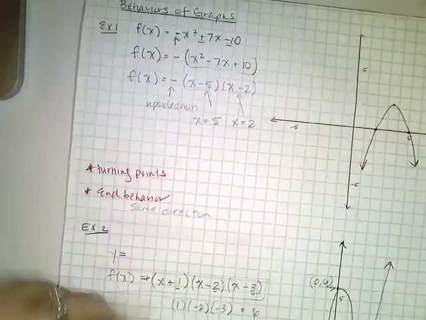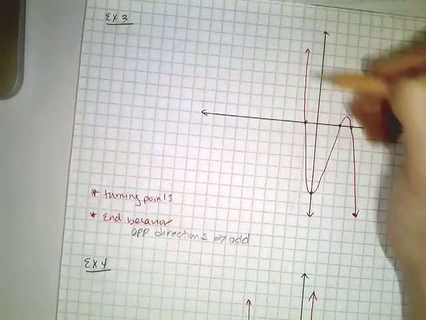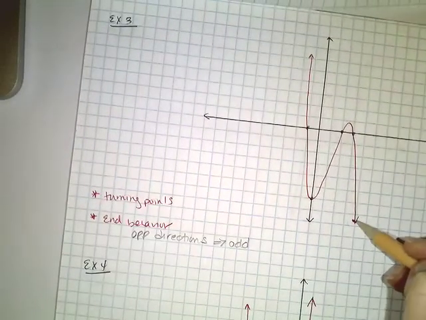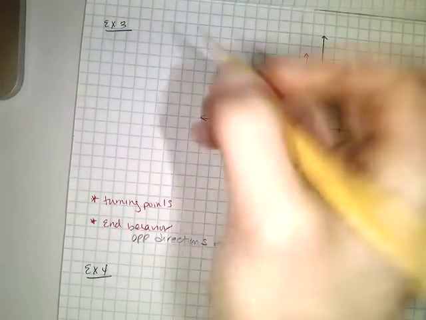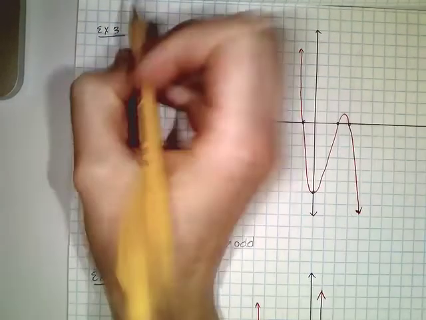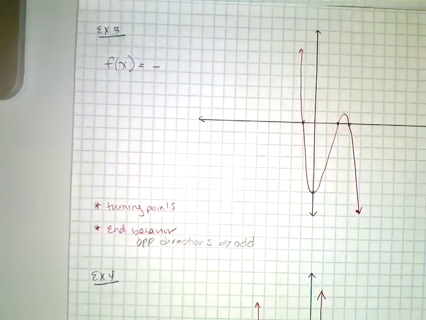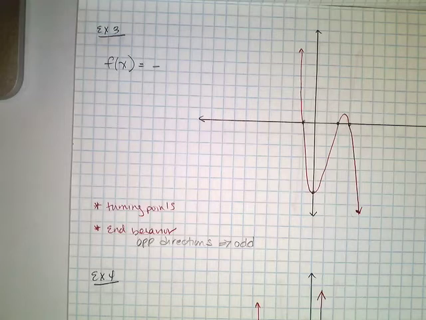Well, here, this is starting at +infinity and going to -infinity. That means we're going to end up with a negative function. So f of x equals negative. Why? Because it's flipped upside down. Then we want to identify the roots.